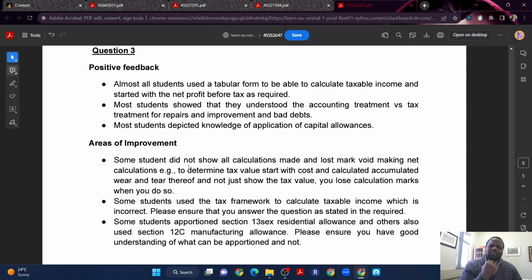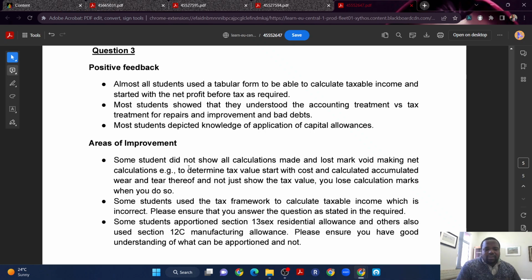I forgot the proper accounting term for it, but tax value is your cost price less all the accumulated depreciation which has been claimed by the taxpayer. Tax value, in other words, is the remaining balance to be claimed for tax purposes. That's how you should think about it. I guess you guys know how to calculate the tax value; you just don't show your calculations of how you got there.